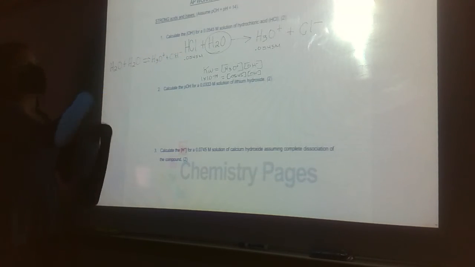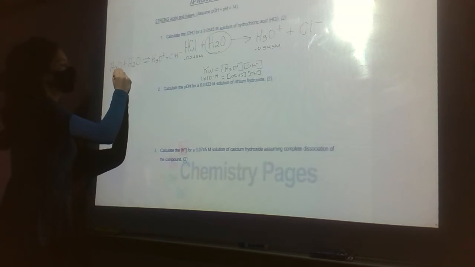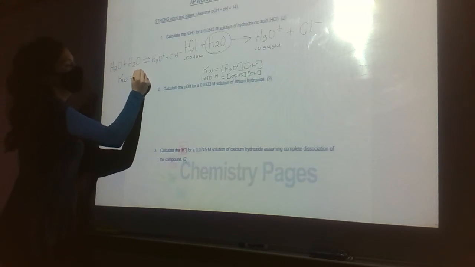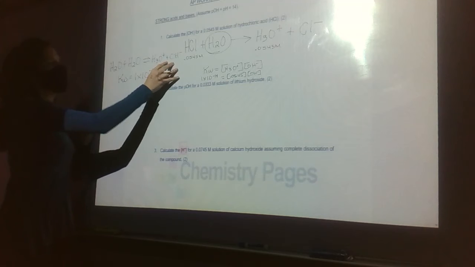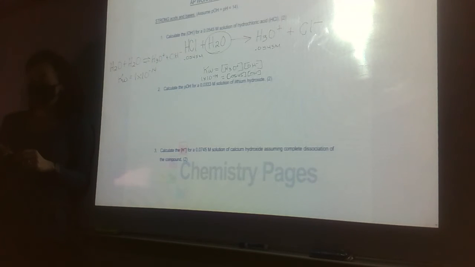And it lies really far to the left because it's a really small number. But it still tells me that if I have water, I have both of those ions. And they asked me for hydroxide, which wasn't even there unless I focus on this. Questions?